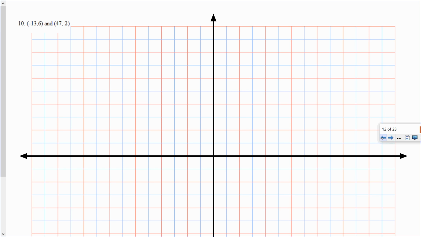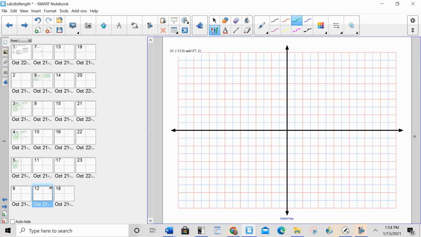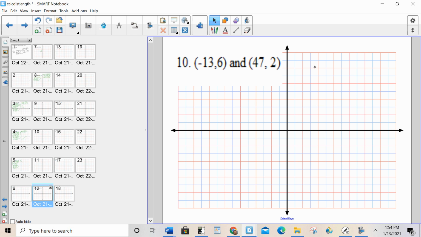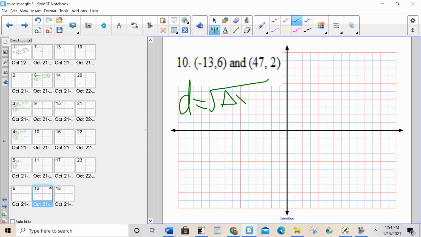So for something like number 10, I can't really plot these points. So I know that distance equals radical delta x squared plus delta y squared. In a situation like this, to find delta x and delta y, you're going to have to subtract. It doesn't matter which way you subtract because distance can't be negative.